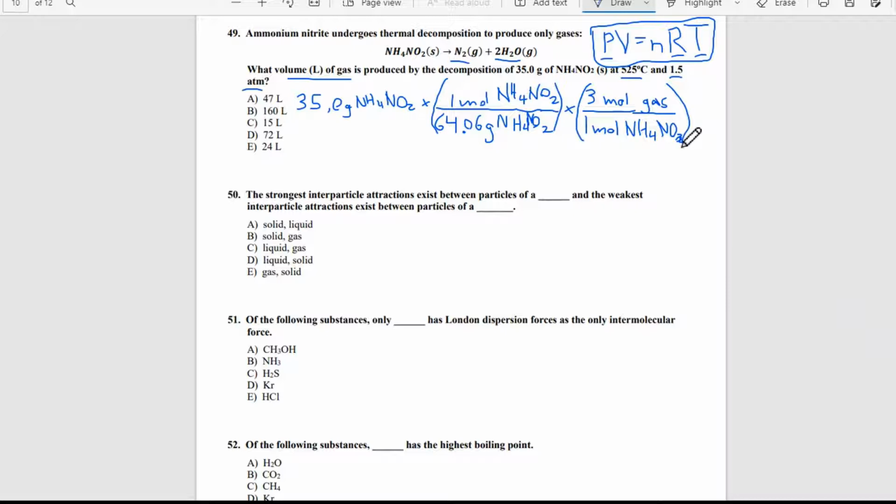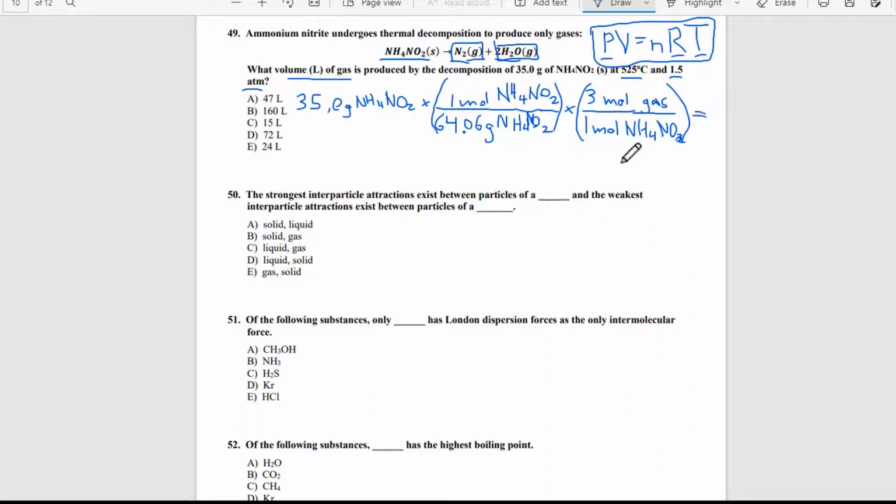For every one of these, I get 3 moles of gas. Does that make sense? Nitrogen's a gas, and I have 2 water, so basically every molecule of NH4NO2 is going to produce 1 molecule of N2 and 2 molecules of H2O.